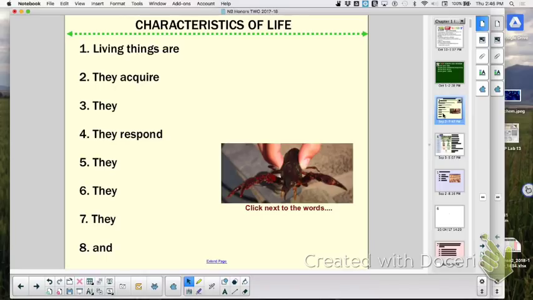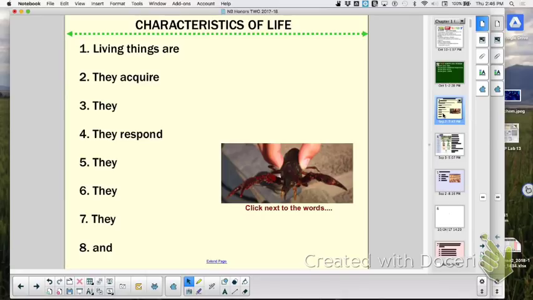What is an adaptation of birds? What do they have? Wings, feathers, hollow bones. Those are adaptations. What is an adaptation of a cheetah? Speed. Sharp teeth, right? Those are adaptations. What is it when I get hot, I sweat, and I shiver when I'm cold?